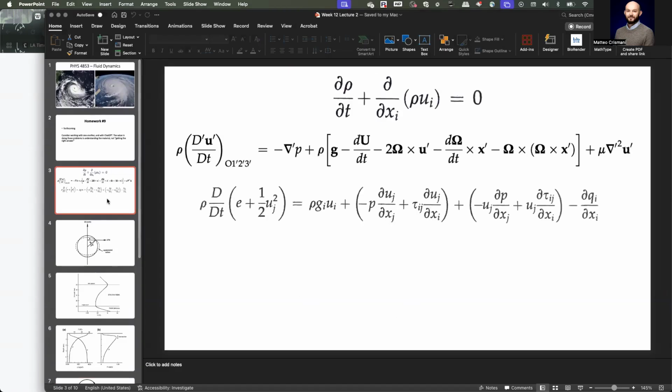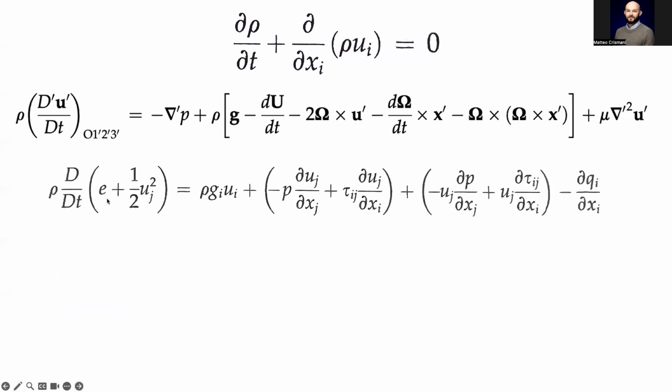Okay, so let's have a look at this equation. This one here has a lot of terms. And we're saying to ourselves, okay, how do I know which terms I need to consider for a specific set of circumstances?